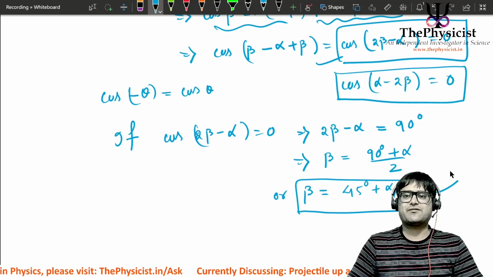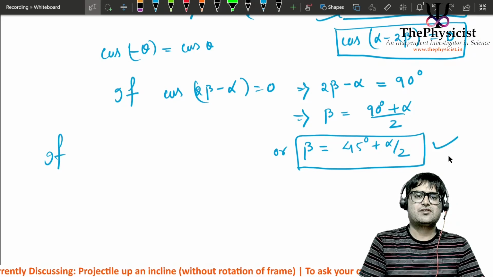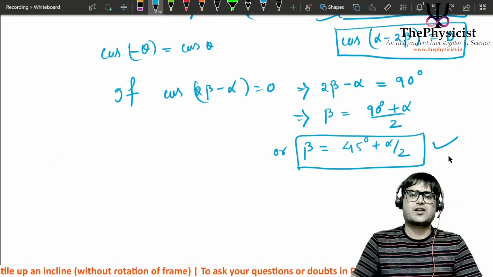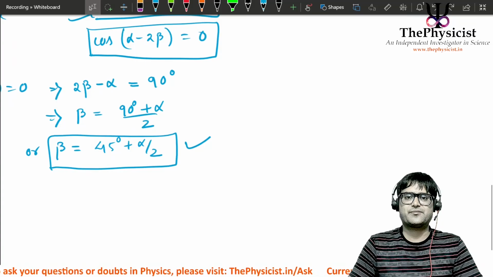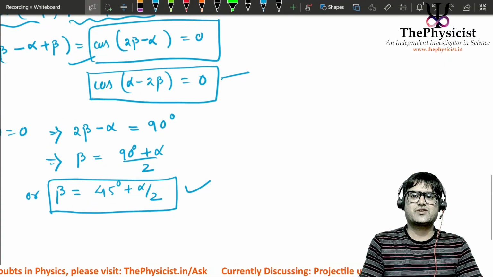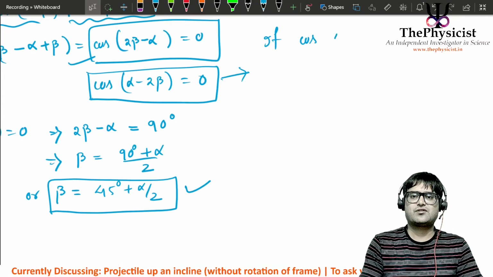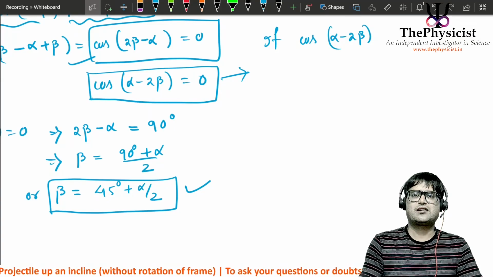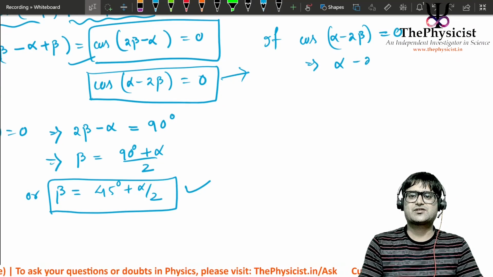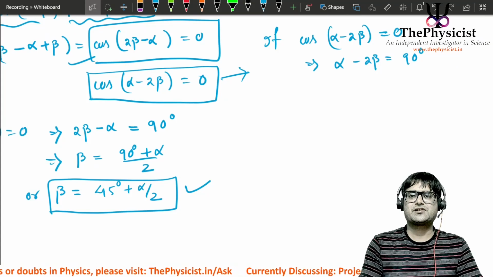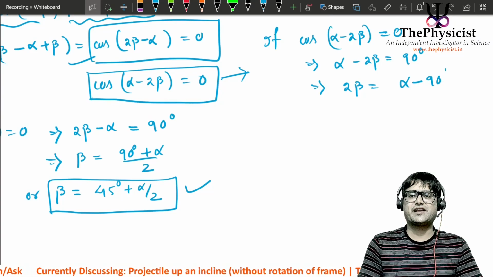What about the other one, cosine of alpha minus 2 beta? If this is true, if cosine of alpha minus 2 beta is equal to 0, that means alpha minus 2 beta would be 90 degrees, and in this case 2 beta would be alpha minus 90 degrees.